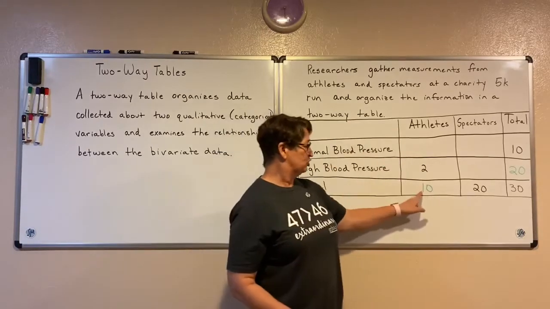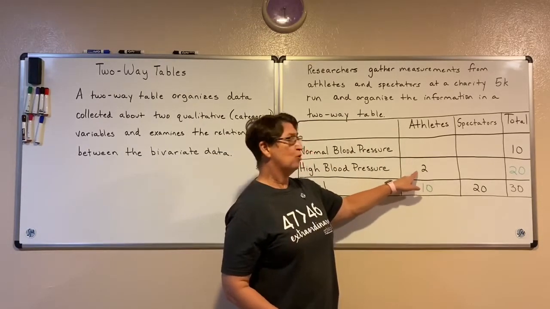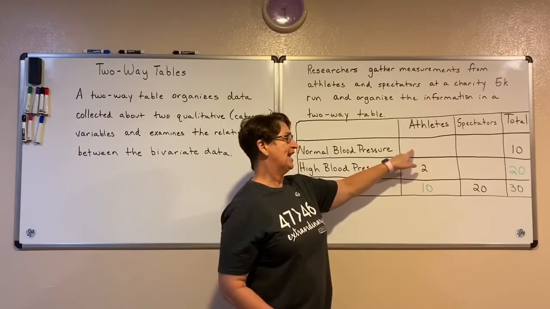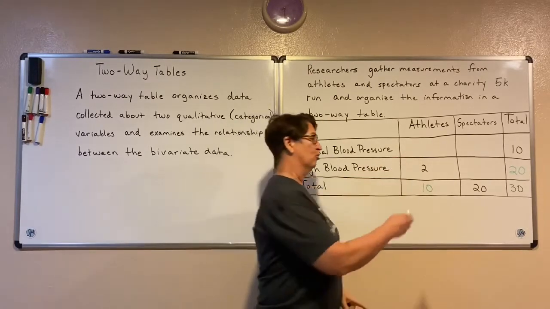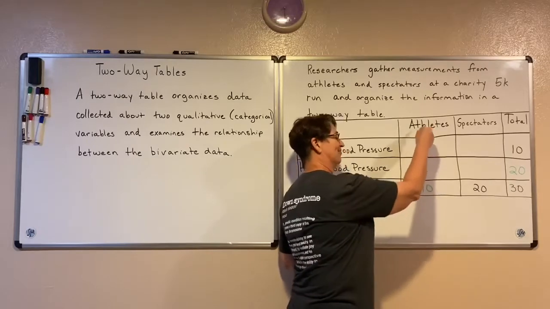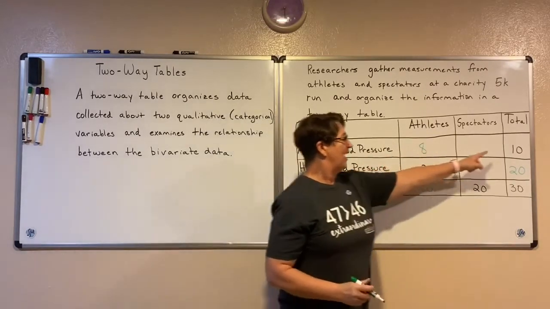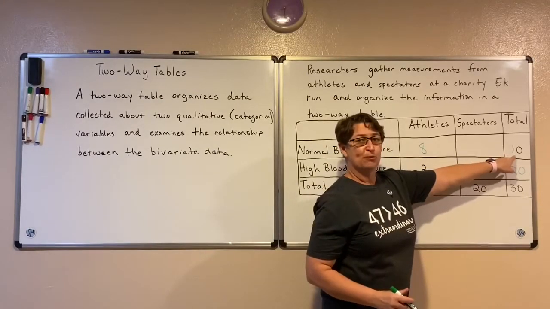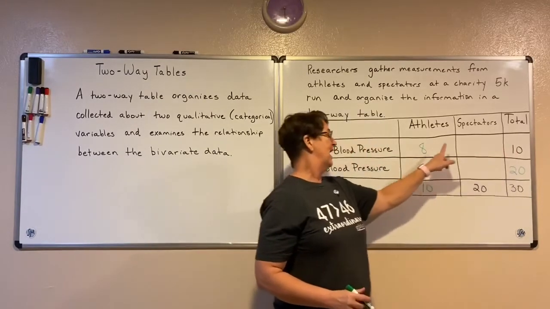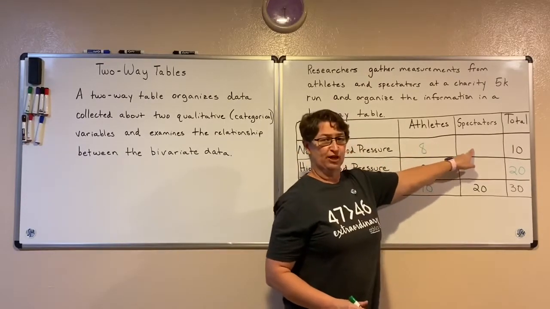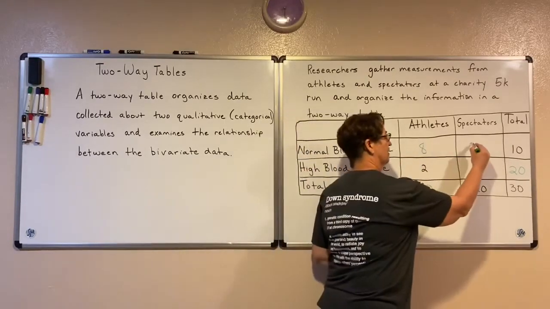I had 10 total athletes, 2 of them had high blood pressure. That tells me that I had 8 athletes with normal blood pressure. Then, if I had 10 total people with normal blood pressure and 8 of them were athletes, that means 2 of them, subtracting, were spectators.